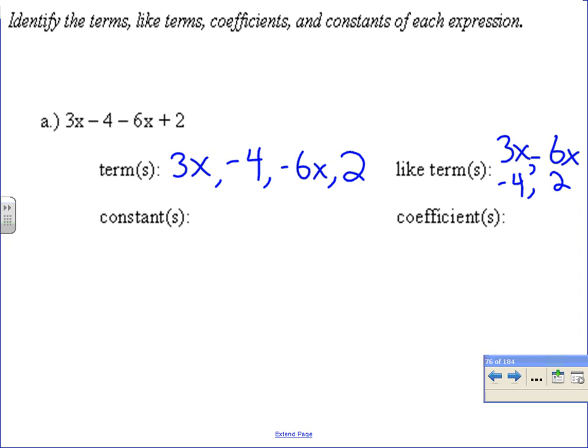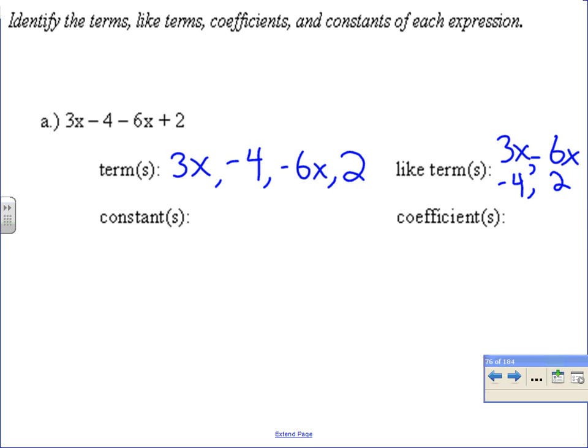Just adding and subtracting for now. Okay. That's one term. I know it's multiplication, but it's a term. So this is a term. One term. One term. One term. Okay. Charles? Go ahead. Yep, but you need to write them out. But you're right.